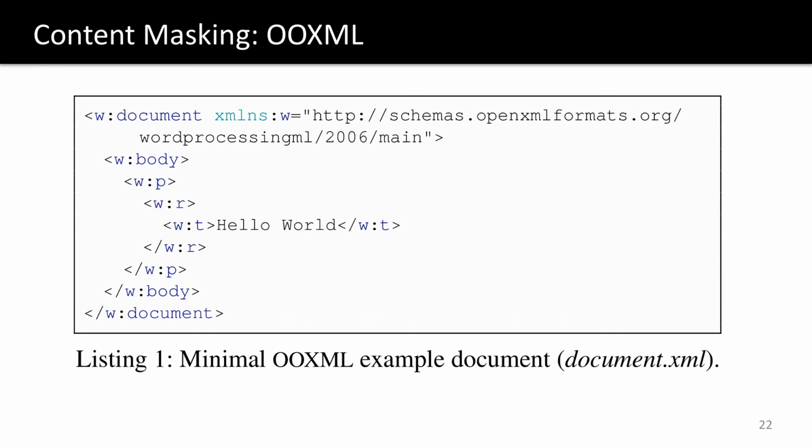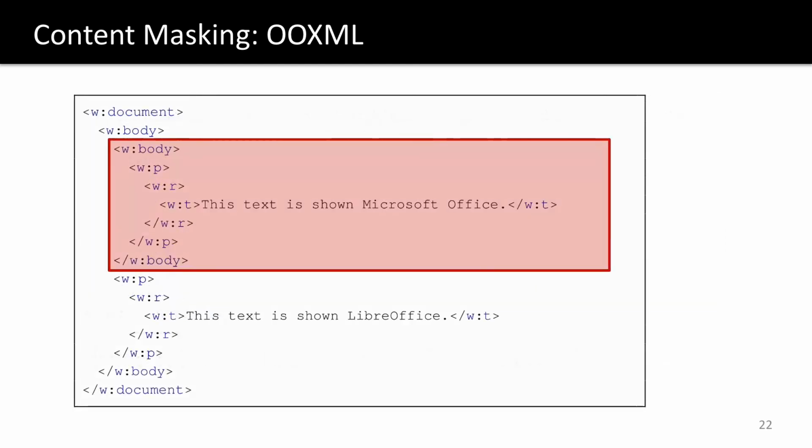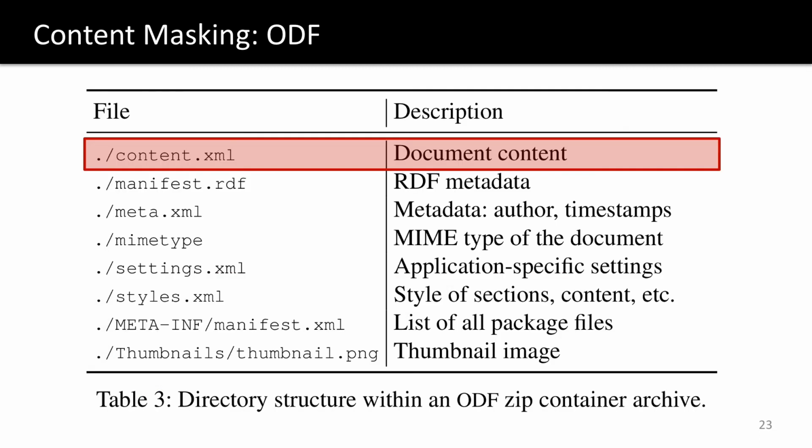For example, a Hello World document could contain multiple body nodes. In such a case, processing applications need to decide which one to process, which leads to confusion between both tested Office suites. Also, we could have a look at the directory structure. ODF defines the main content file to be named content.xml.